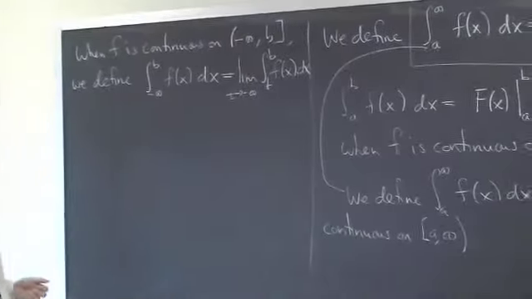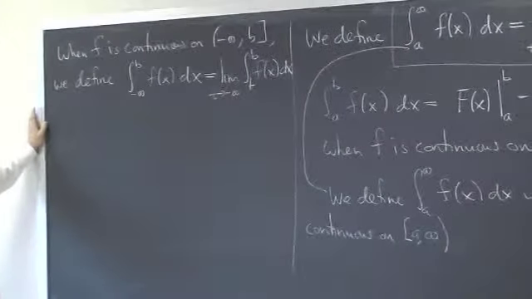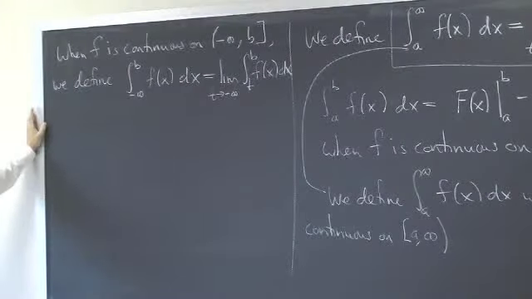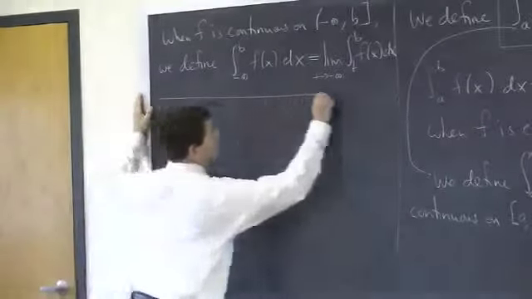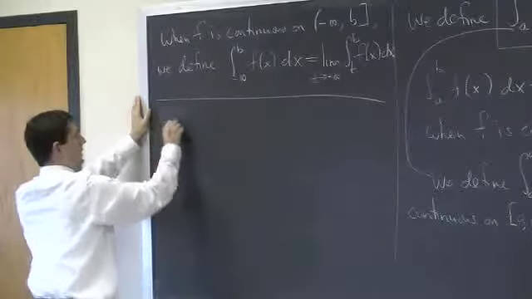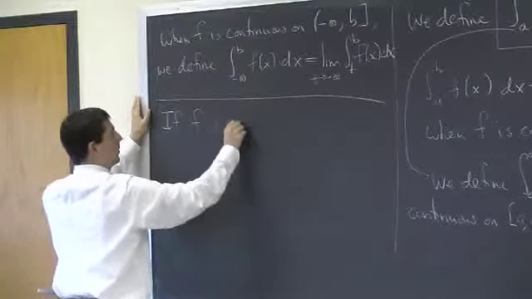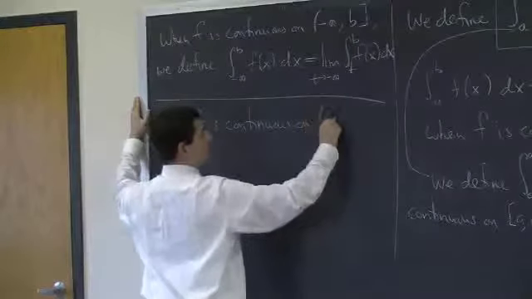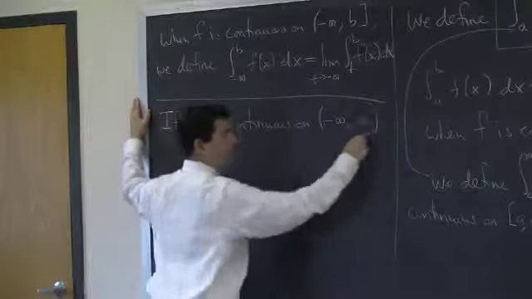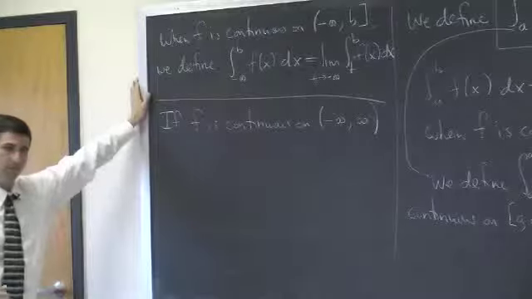Okay. Now, there's a way to combine both of these. So if, let's say, f is continuous on the entire real line. Okay? So the domain is all real numbers, right?